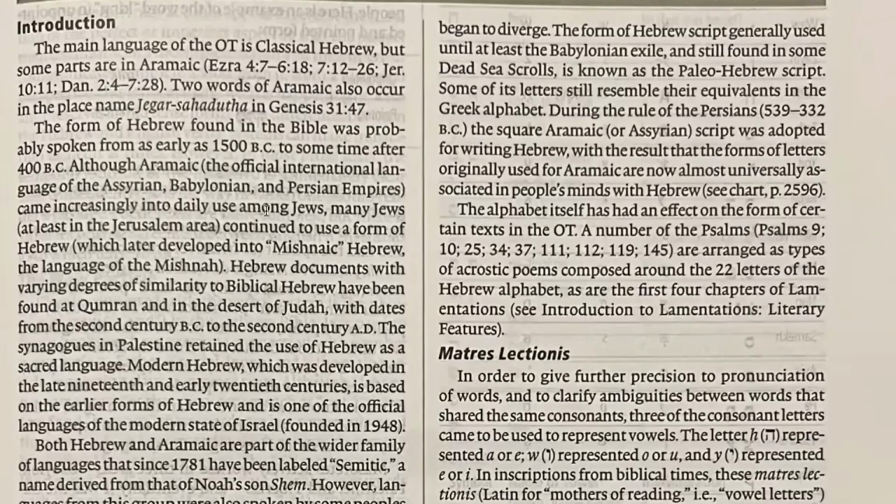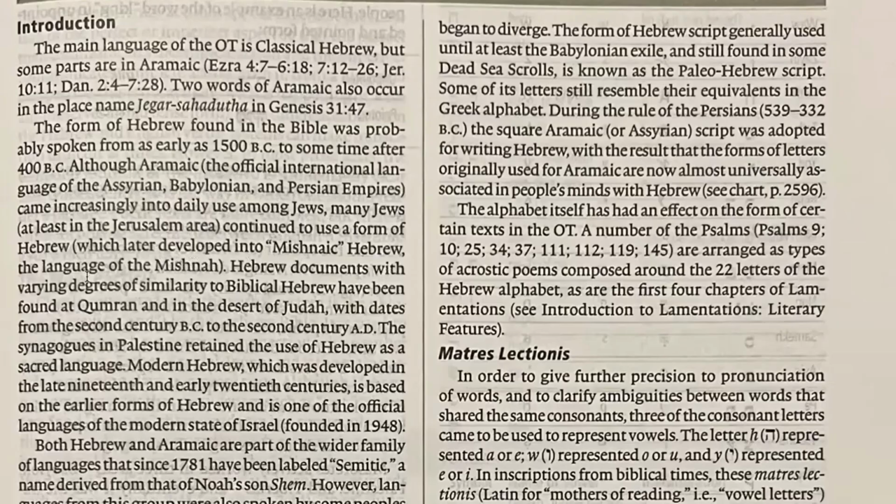The form of Hebrew found in the Bible was probably spoken from as early as 1500 BC to sometime after 400 BC. Although Aramaic, the official international language of the Assyrian, Babylonian, and Persian empires, came increasingly into daily use among Jews, many Jews, at least in the Jerusalem area, continued to use a form of Hebrew, which later developed into Mishnaic Hebrew, the language of the Mishnah.